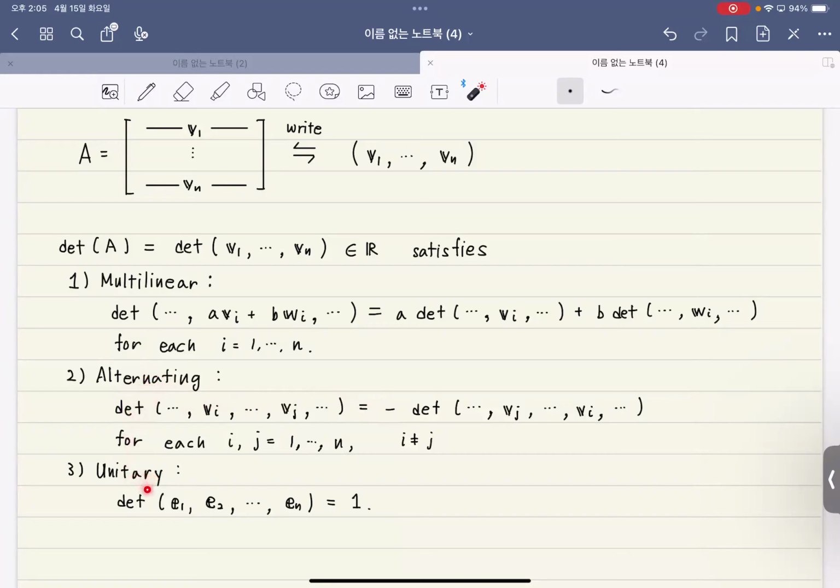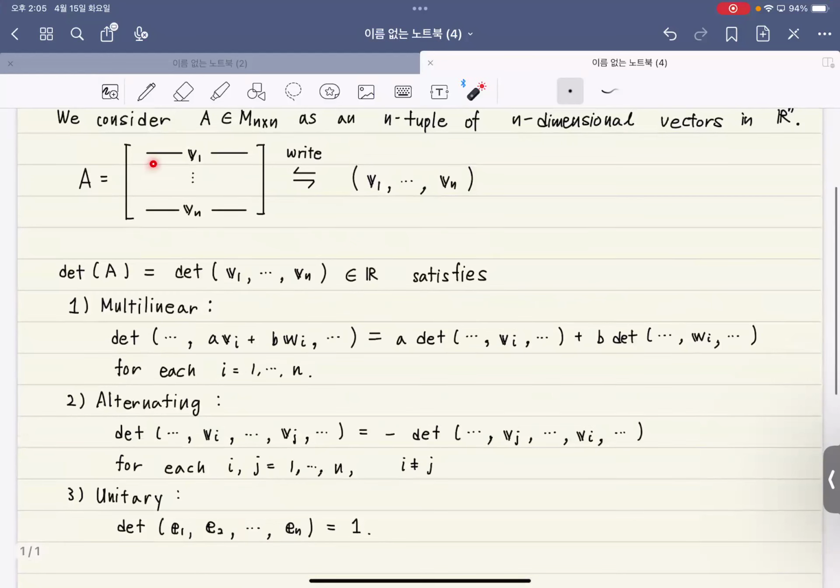And finally, the last property is the unitary property. So what is unitary? You know what I mean by the standard unit vectors. The determinant of e1, e2, all the way up to en. In other words, this last property concerns the determinant of the identity matrix. You should be able to understand that this is nothing but the identity matrix, right?